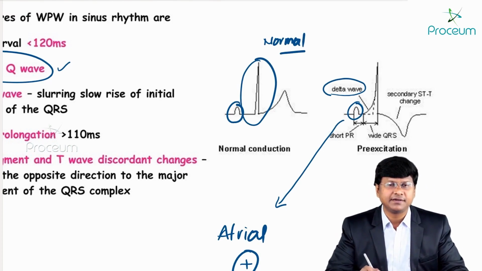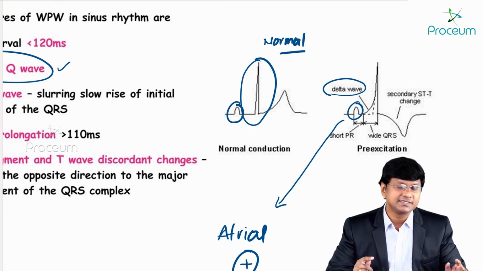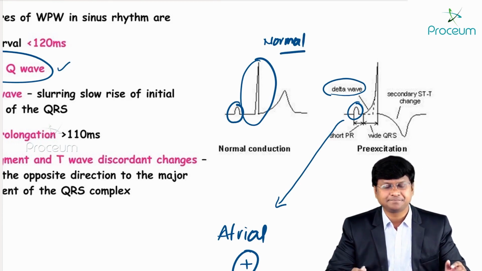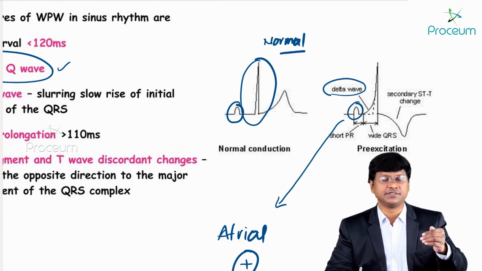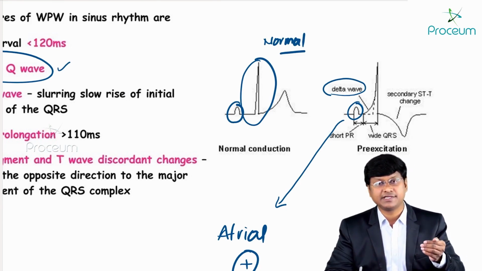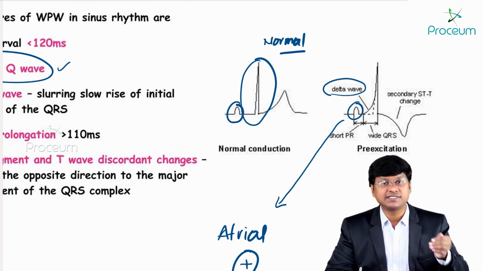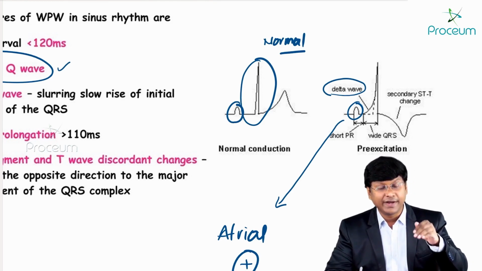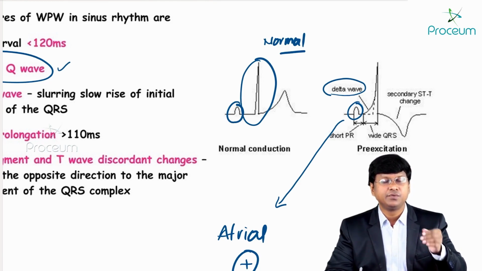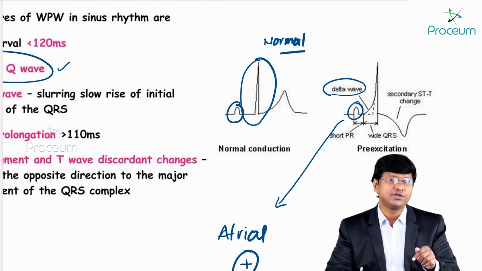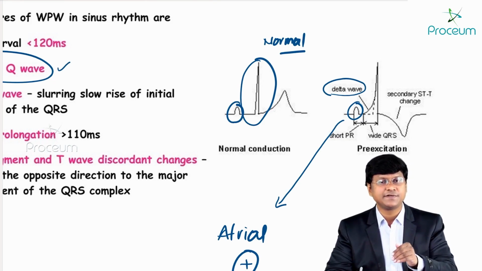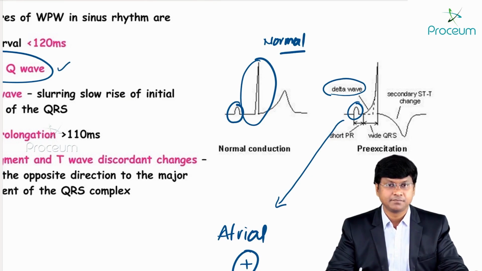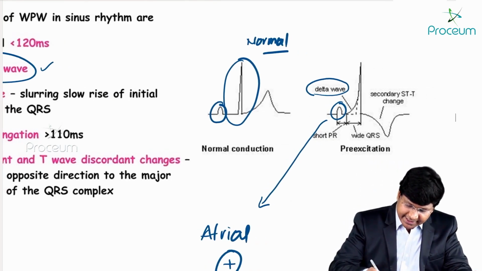But what is happening here? The ventricle is depolarizing through the accessory pathway. So when the ventricle is depolarizing through the accessory pathway, what will be the velocity of conduction of the ventricular depolarization wave? It will be very slow compared to the velocity of conduction through the conducting system, that is, the bundle of His and the right and left bundle branches.